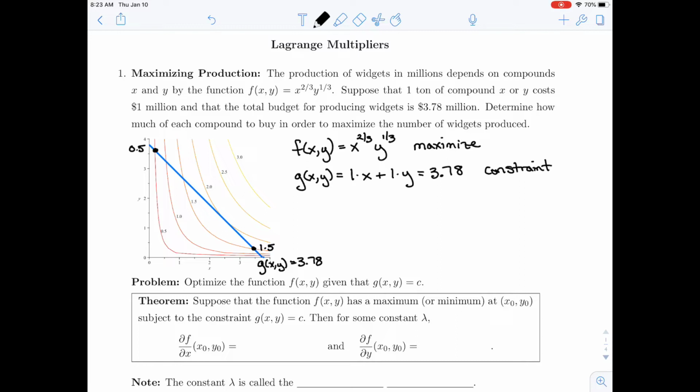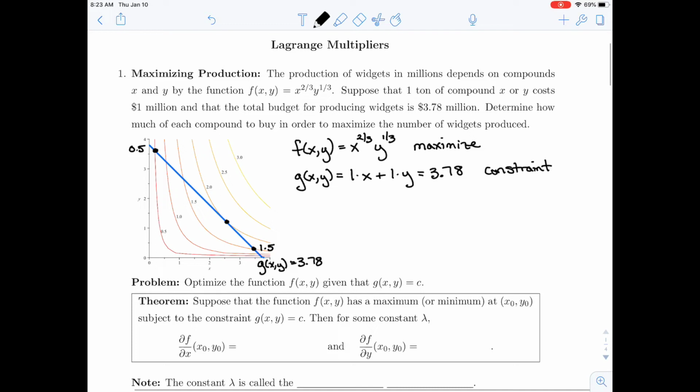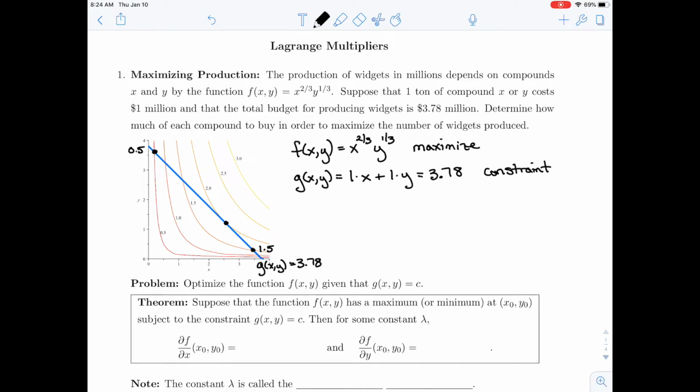Now we can look at the graph and see if there's a point along the blue line that maximizes our production level. By inspecting, we can see that a point right about here, say where x is 2.5 and y is 1.5, will give us a production level of 2 million widgets.